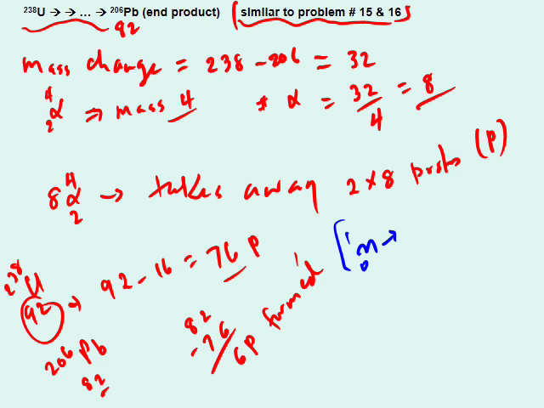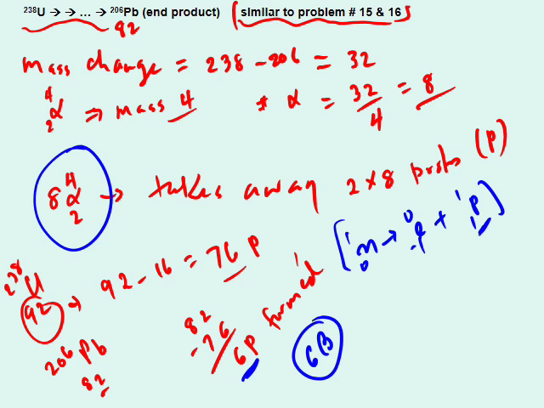When a beta particle, minus 1, 0, comes out, the neutron changes to a proton. So each time beta emission takes place, the number of protons is increased, and we want protons to increase by 6. That way, you would have the right number of protons to form lead. So how many beta particles need to come out? 6 beta. So 6 beta would come out and 8 alpha would come out. In the same manner, try to do number 15 and number 16.